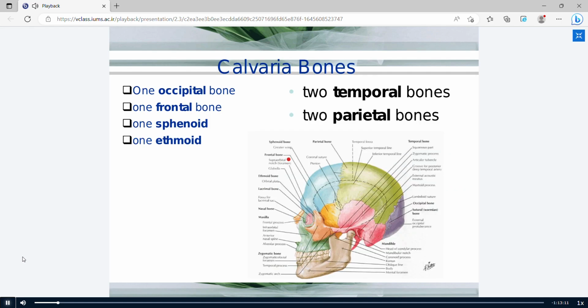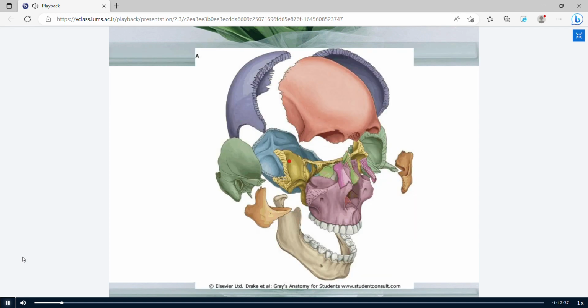So I explained about the calvaria or brain box bones. Calvaria bones cover and protect the brain and nervous system, and consist of 8 bones: 1 frontal bone, 1 occipital bone, 2 parietal bones, 2 temporal bones, 1 ethmoid bone, and 1 sphenoid bone.